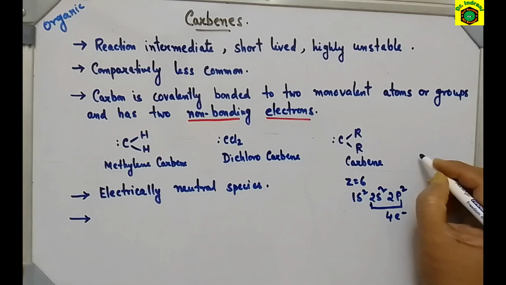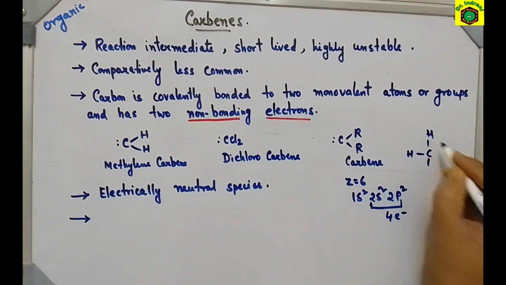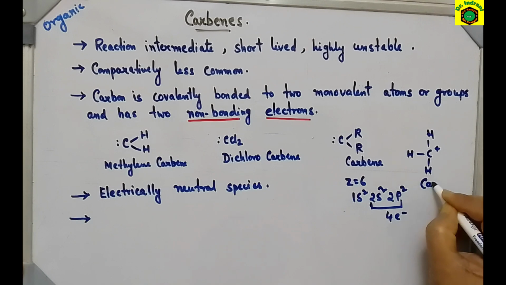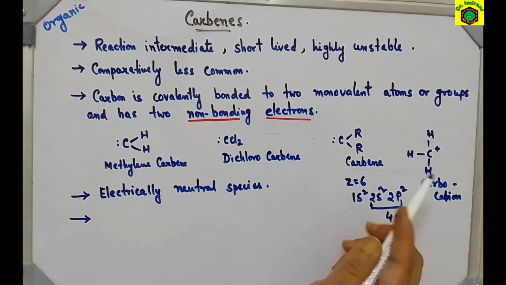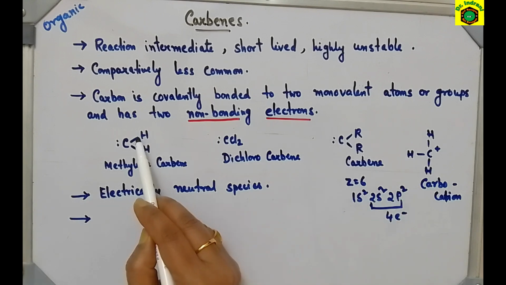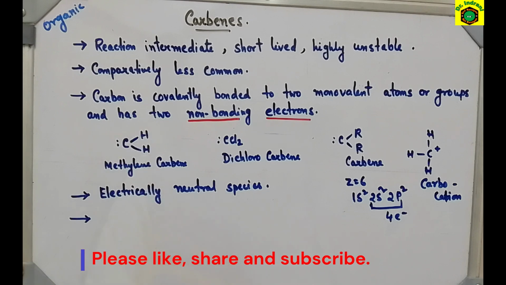Now see the carbocation. It has 1 unit positive charge. This is the methyl carbocation. Now see what's the difference. Here after sharing it has 1, 2, 3, 4, 5, 6 electrons, but it is a neutral species.